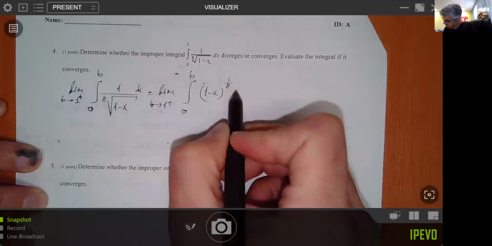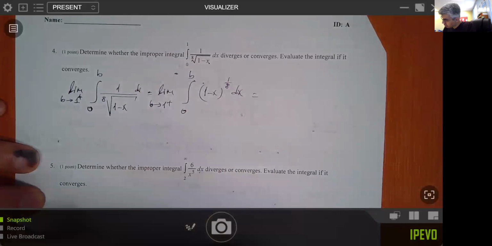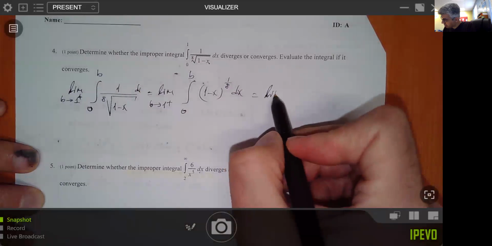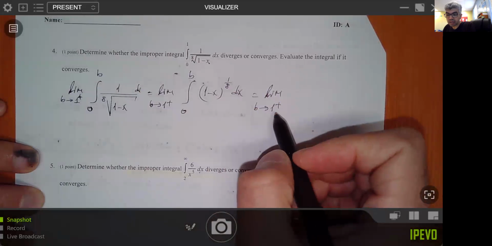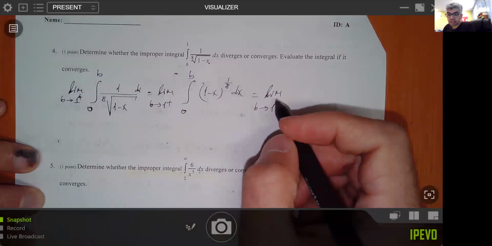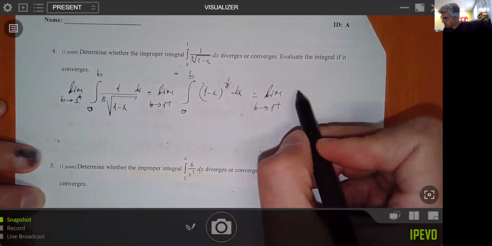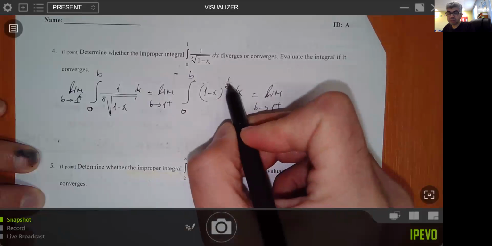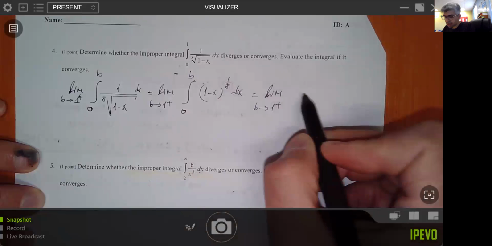Of course, I have dx all here. So that is the limit as b approaches 1 from the right side. If we take the integral, what will be the integral, guys? 1 over 8 plus 1 will be 9 over 8, yes?